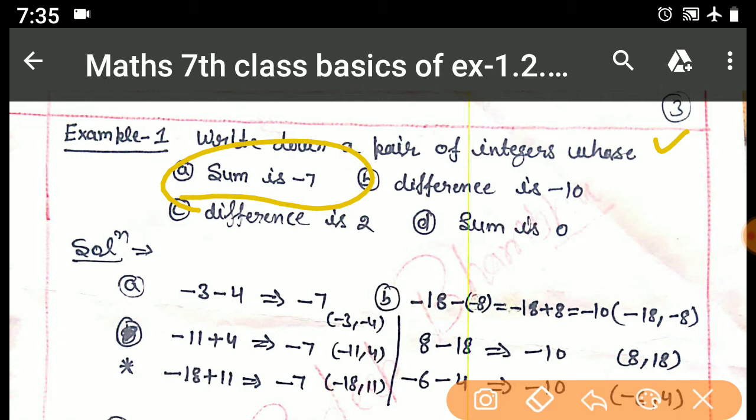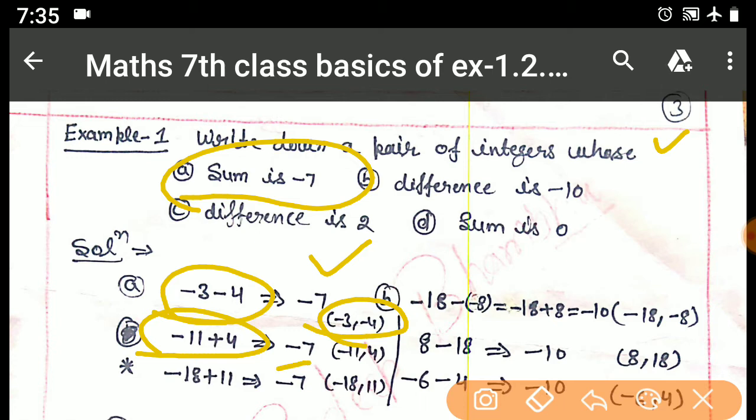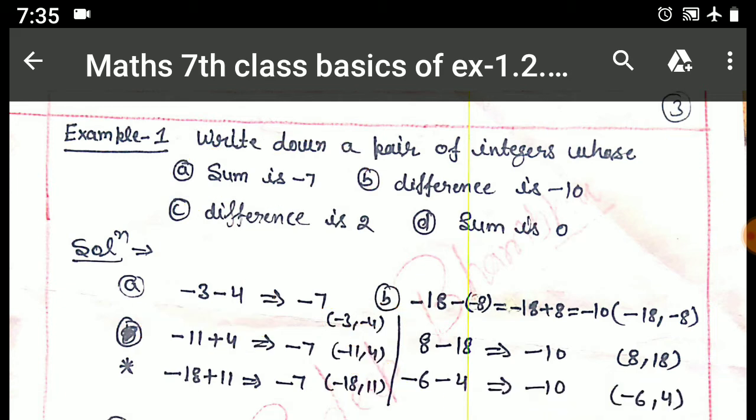Check here: if we are adding minus 3 plus minus 4, the result is minus 7 and the pair is minus 3, minus 4. If we are adding minus 11 plus 4, the result is minus 7, the pair is minus 11 and 4. If we are adding minus 18 plus 11, the result is minus 7 and the numbers are minus 18 and 11.